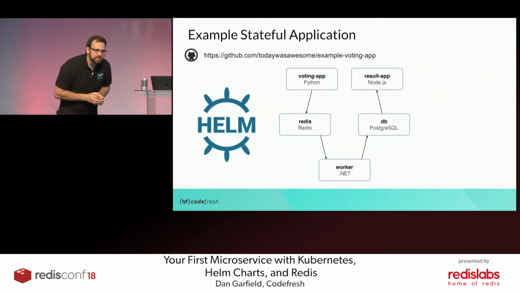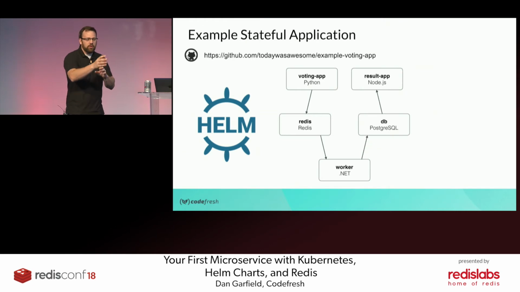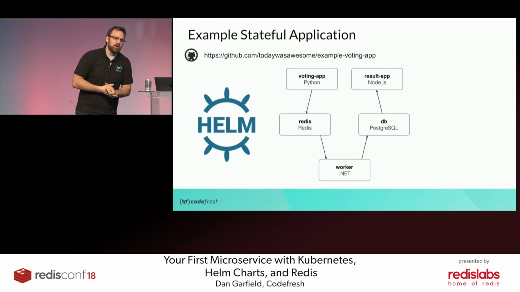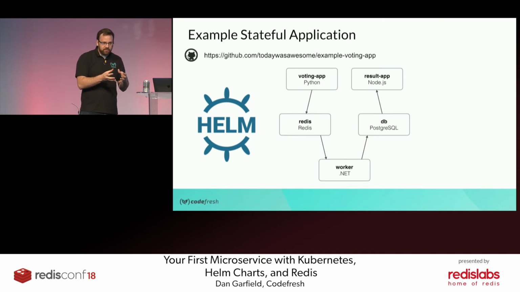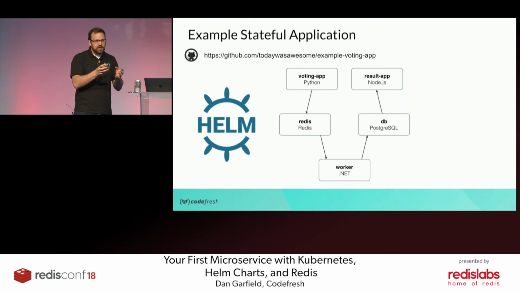Like OpenShift in your stack as well, would Helm feed in or be able to be used as part of that? Yeah, your question is, if you have OpenShift from Red Hat in your stack, can you feed Helm into it? Helm is a Kubernetes entity, so as long as you have a cluster, yes.